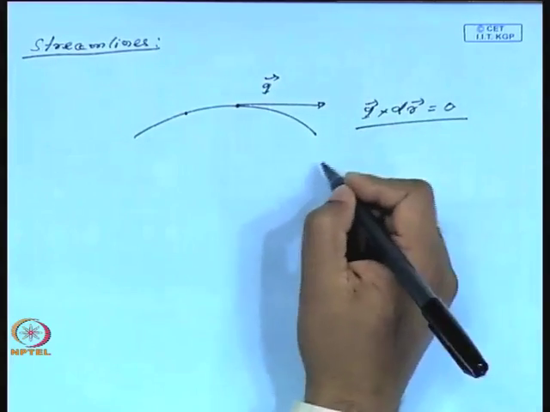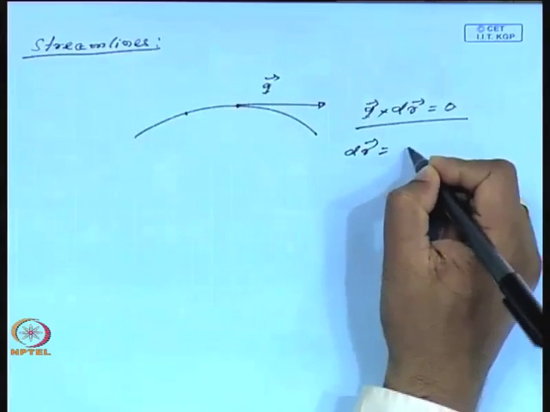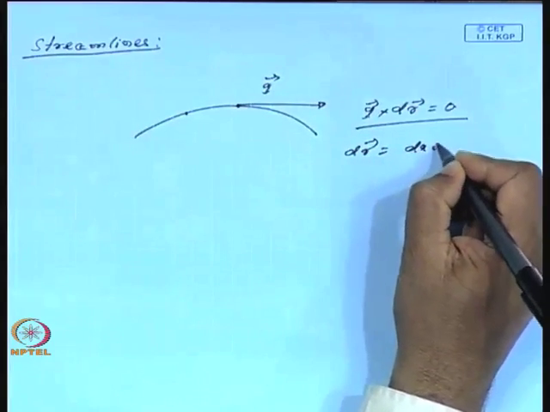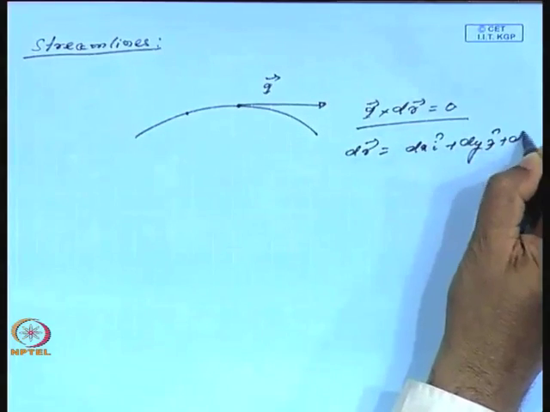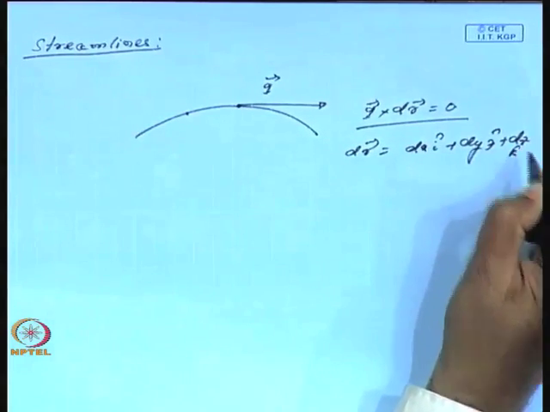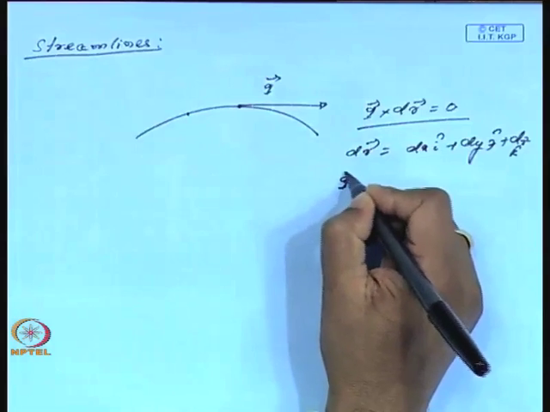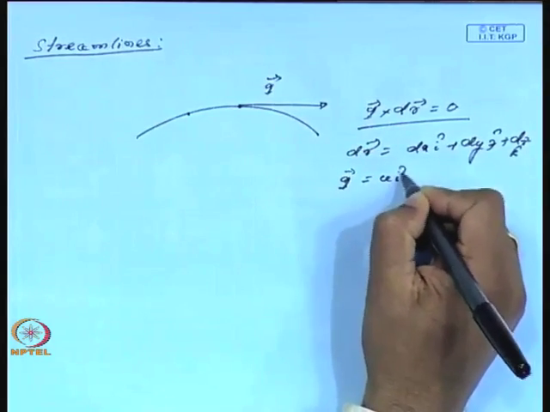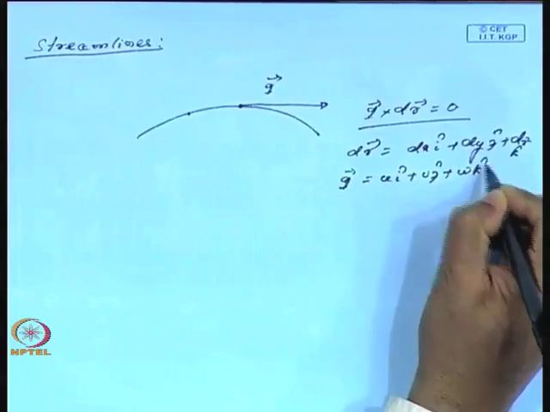So, if you simplify this, then you have dr bar equal to dx i hat plus dy j hat plus dz k hat, these are the components. Then we already have q bar equal to u i hat plus v j hat plus w k hat.